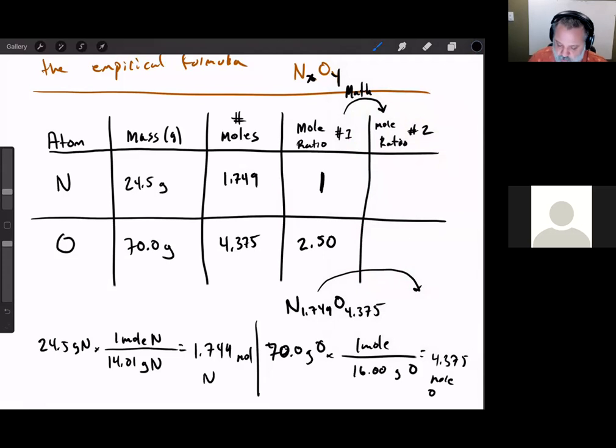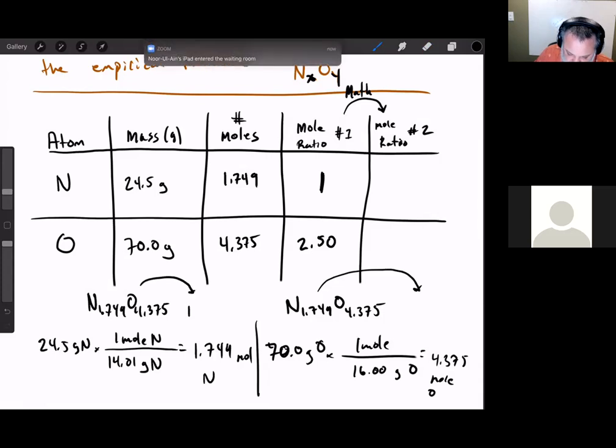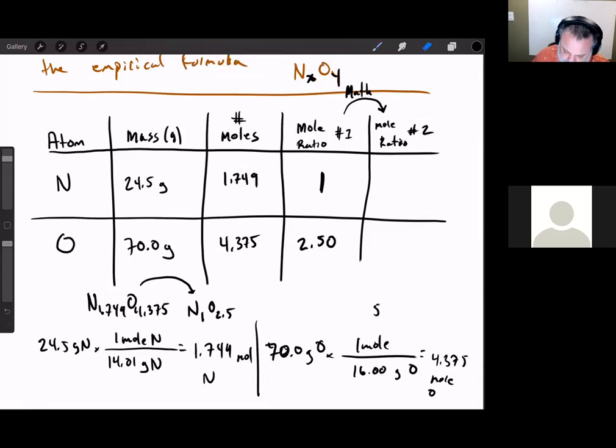Okay. Well, now I've got nitrogen. And so what I want to do is just rewrite this. Nitrogen 1.749, oxygen 4.375. And now I've got nitrogen 1, oxygen 2.5. So what I need to do now is take this and I still need to get it into a whole number ratio.